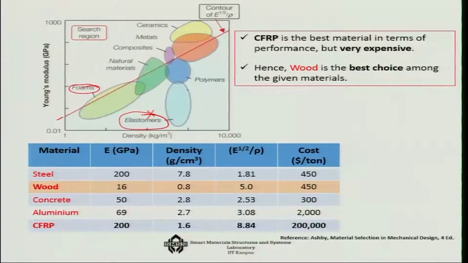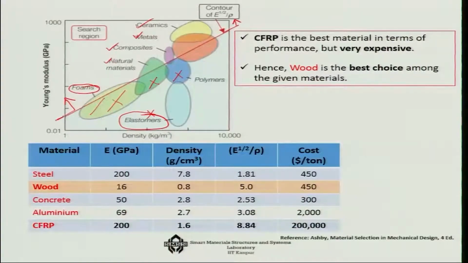So, the elastomers are not suitable, a group of foams are not suitable, a group of natural materials, a group of polymers are not suitable. So, materials above this, that is some natural materials, some composites, some metals, some ceramics are suitable for us because they are above this region.